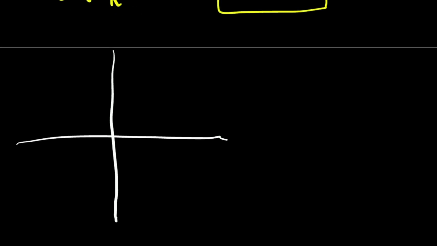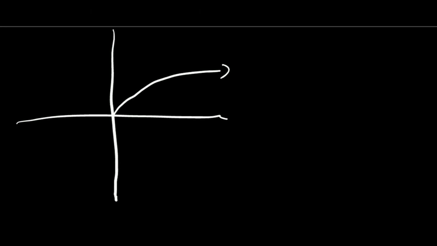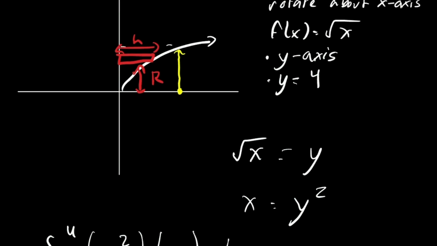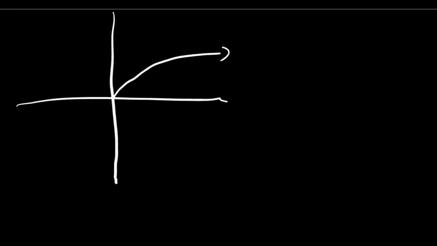Perfect. And we can do it the other way. I'll do that real quickly. Well, it actually won't be very quick because it's kind of ugly. So we're doing it from, what was it? y equals 4. So we're doing this shape here.